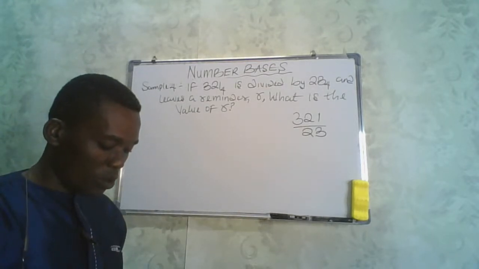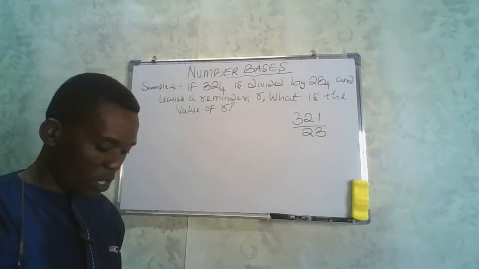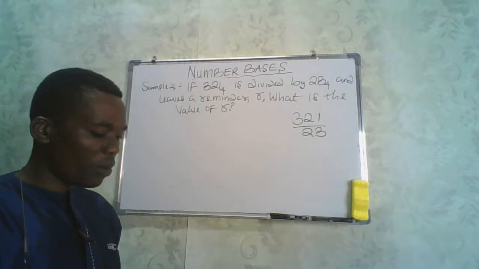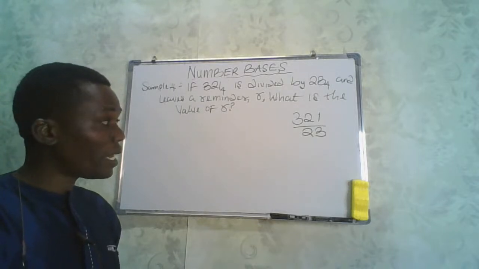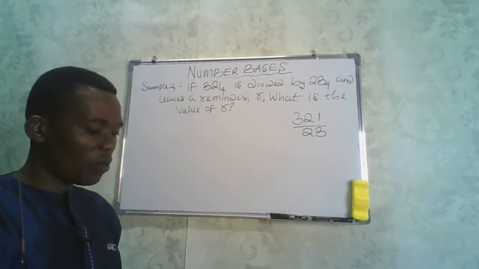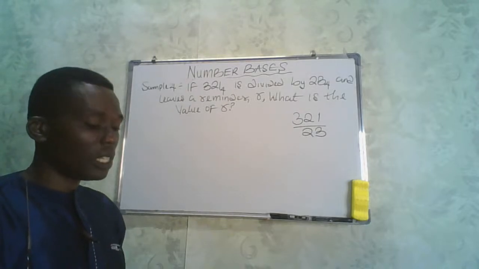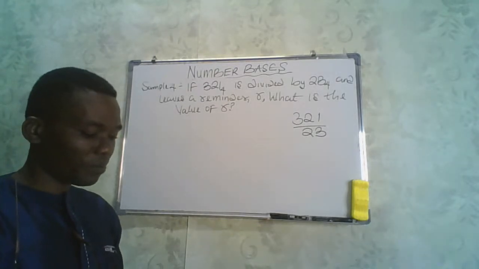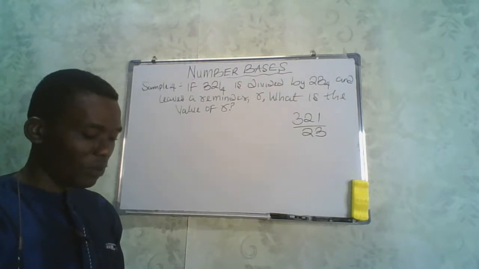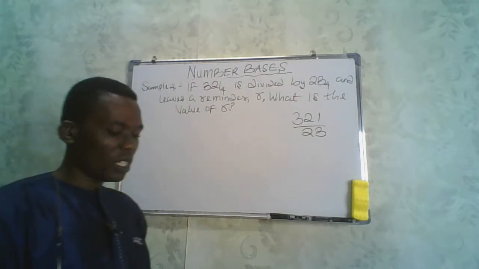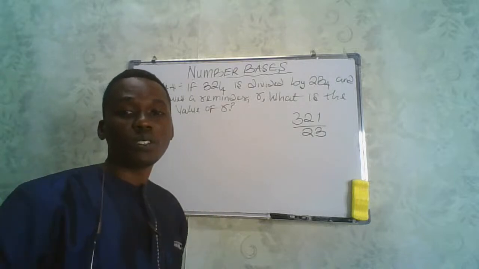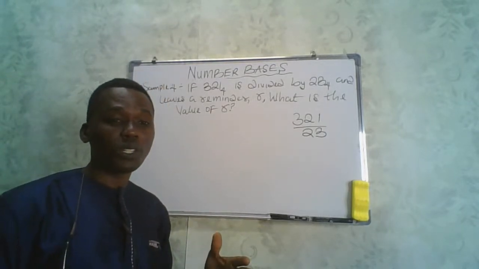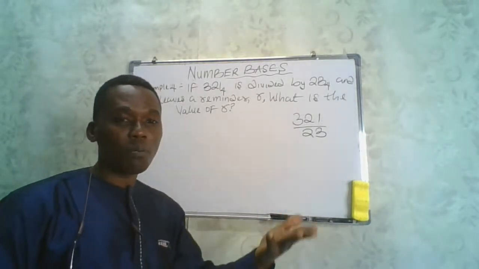Now, use your calculator and punch 321 divided by 23. And what will you have? You have 13.9. And your remainder will not be even close to what? To 9. And that is exactly why I said you can't use this method.